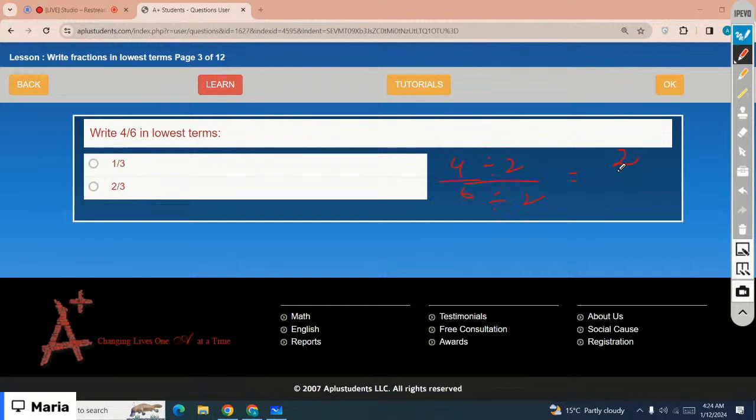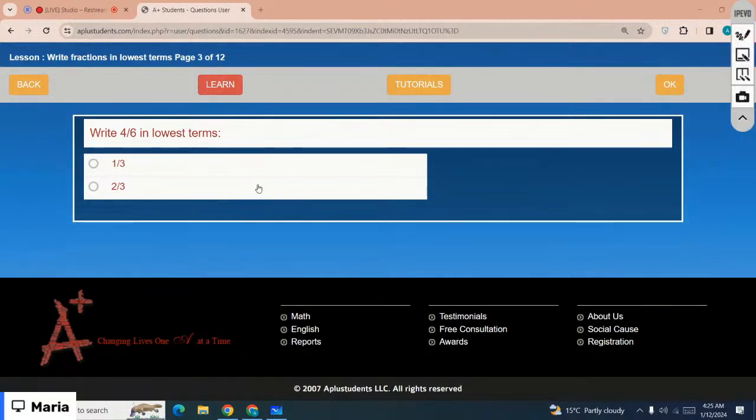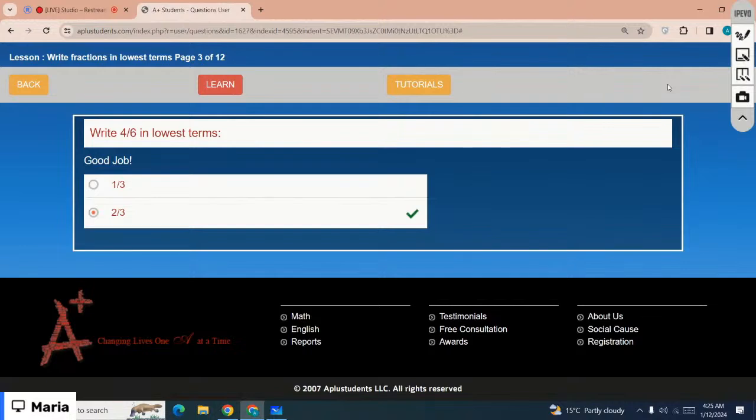So 4 divided by 2 is 2 and 6 divided by 2 is 3. That is 2 over 3. The correct option is 2 over 3. Got it? Option number 2 is the correct option.